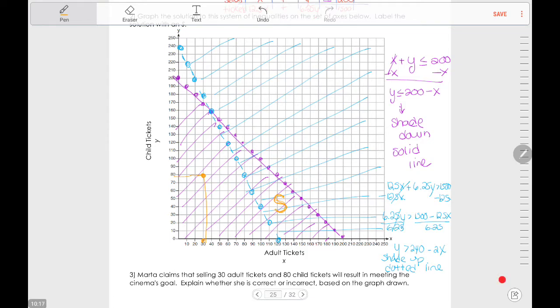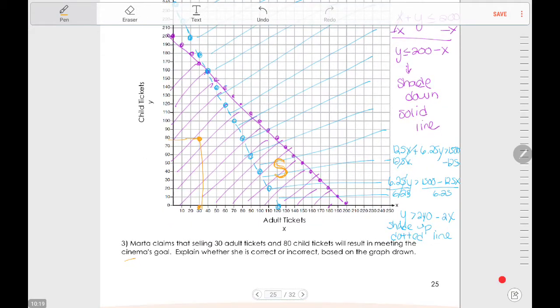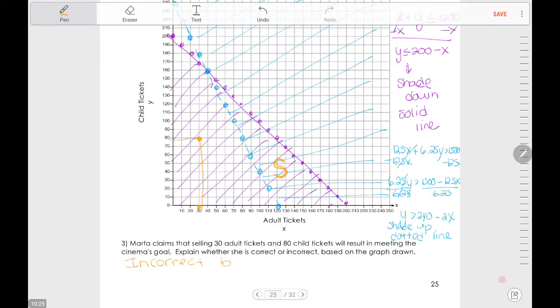Okay, so this is incorrect because the coordinate 30, 80 is not in the double shaded area. That's it.